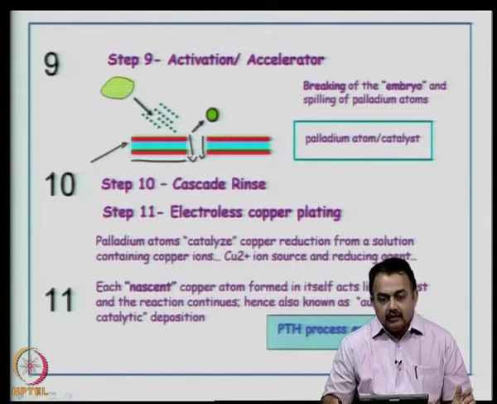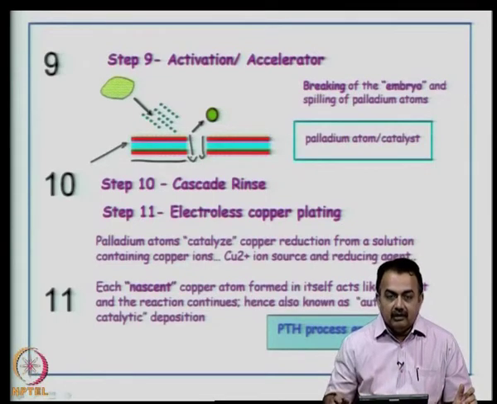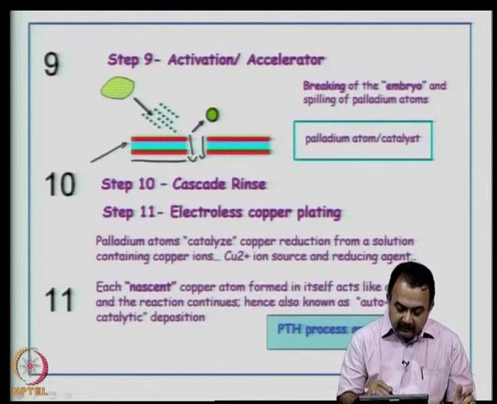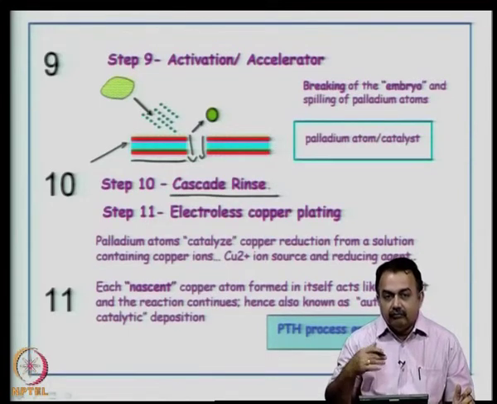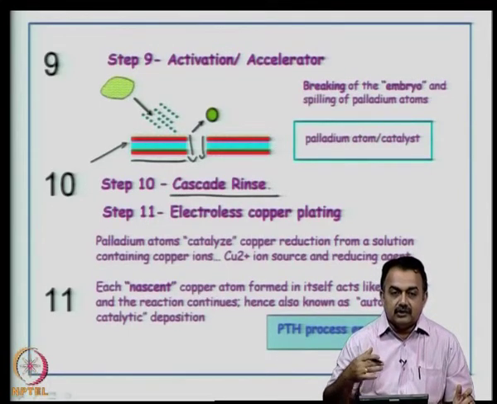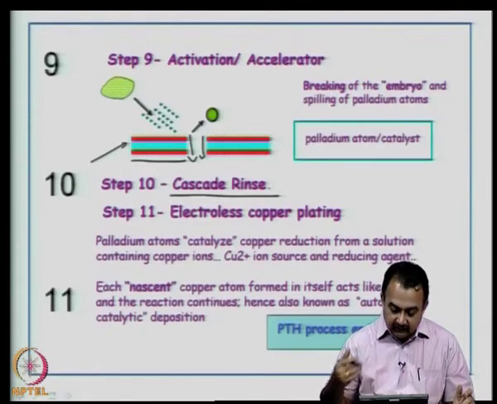Okay. So, this is atomic thickness. So, palladium atom and catalyst is now very well distributed and adsorbed. Now, you do a cascade rinse, do not use a forced spray rinse, it has to be a cascaded rinse.